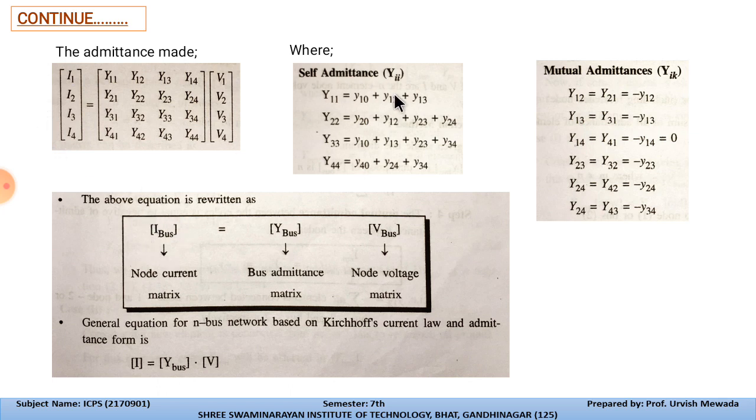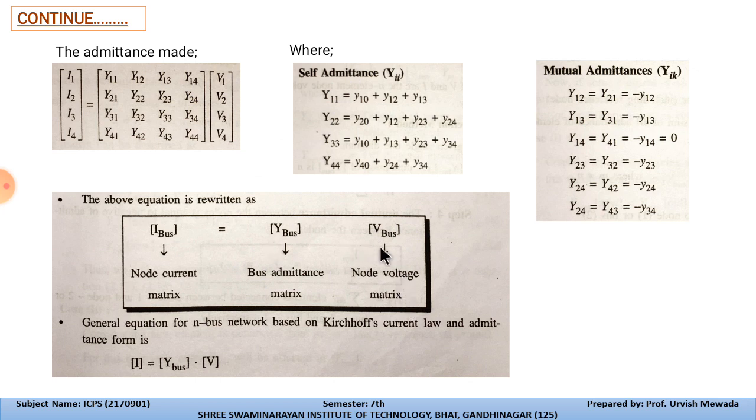Similarly the admittances form one matrix, that is Y bus, and this is the V bus. So this is the node current matrix, this is the bus admittance matrix, and this is the node voltage matrix of the respective network.